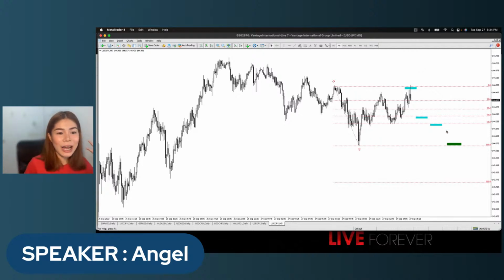Now, let's go back to the cons that were discussed earlier. One of the cons is that traders struggle to identify what to do once the price touches the support resistance levels, like this one.